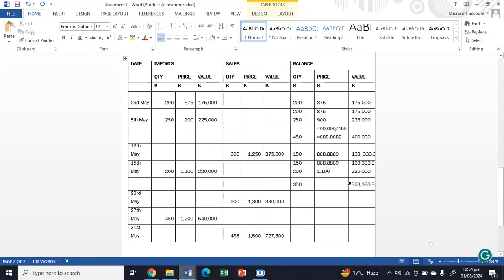So to get our average cost, we just say 353,333.3 divided by 350.